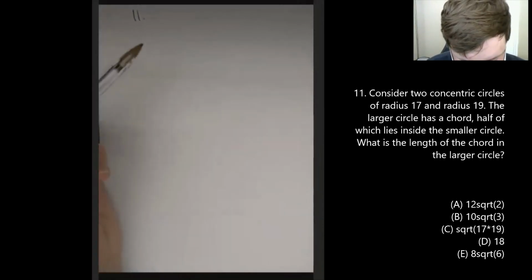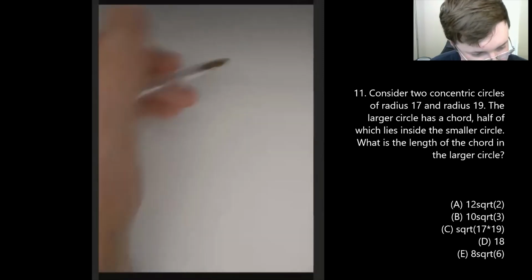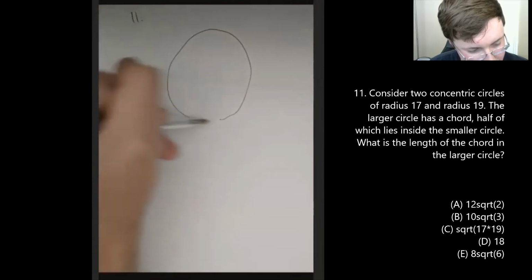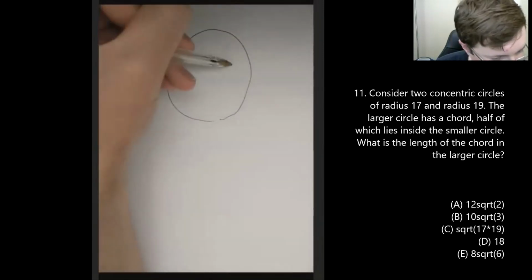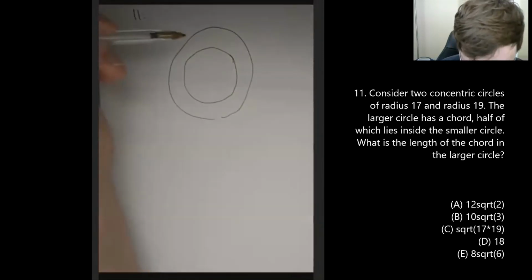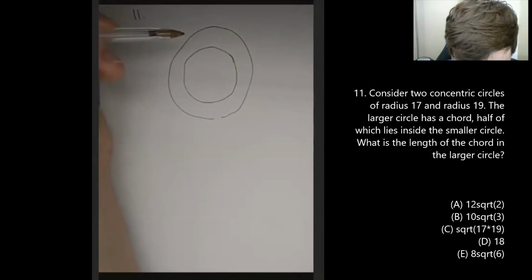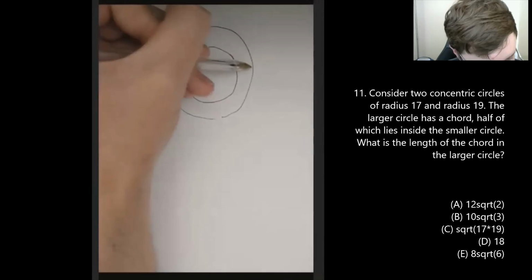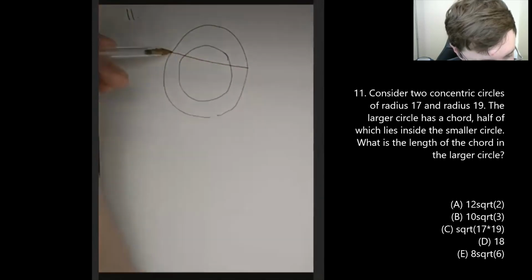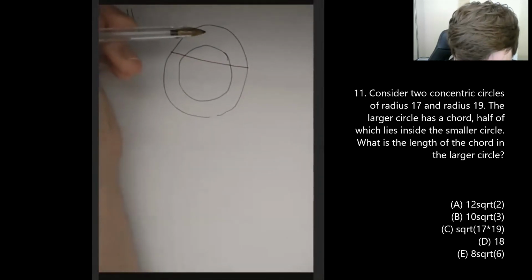Two concentric circles of radius 7, radius 19. The largest circle has a chord. Well, I am not good at geometry, and I'm not going to draw this to scale, but okay, the larger circle has a chord, half of which lies inside the smaller circle. What is the length of the chord?